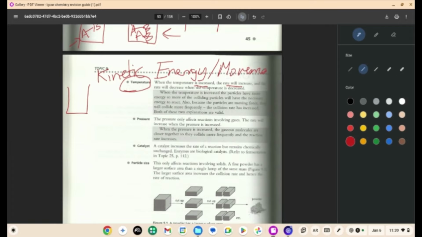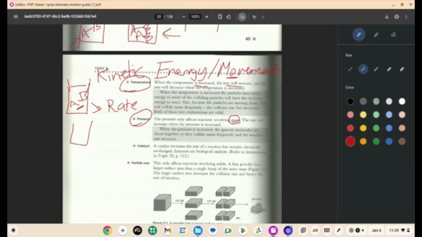So if the particles move faster, it's easy for any particle to find the other particles to join with, collide with, or react with. So when the temperature increases the movement of the particles, the collision theory will work faster, so the chemical reaction rate will increase.